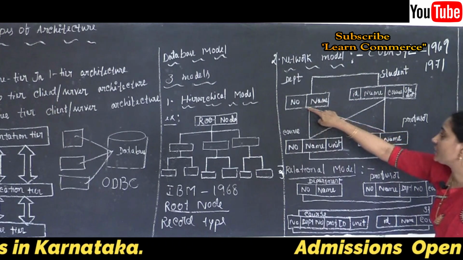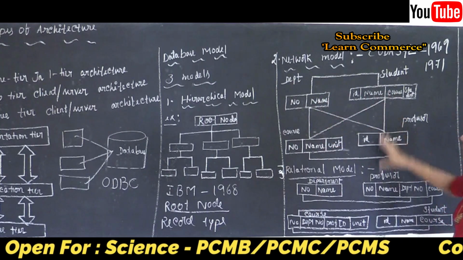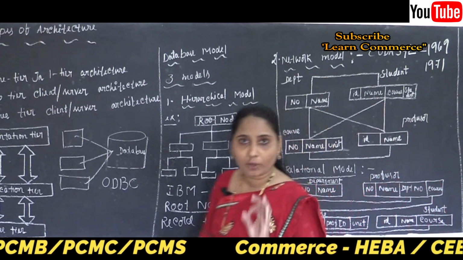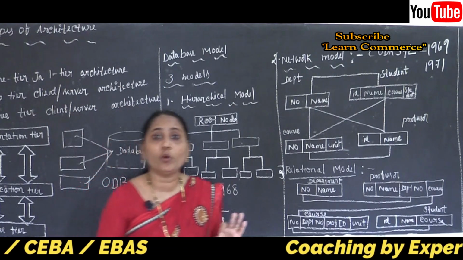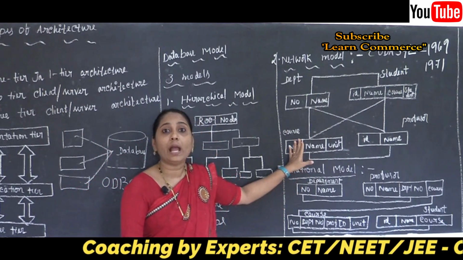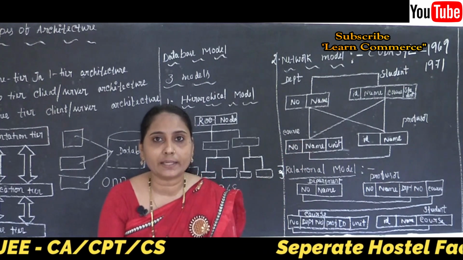There is a connection from one to another, because I just connected from name to name in each record here. So all the nodes are connected to each other but without any hierarchy. Clear this point here? That is the network data model.